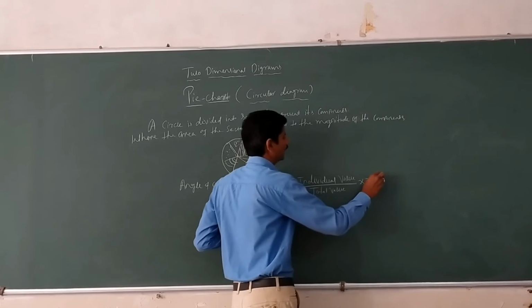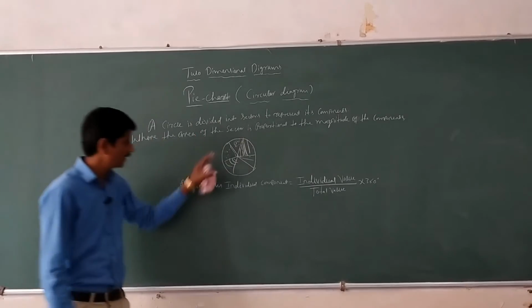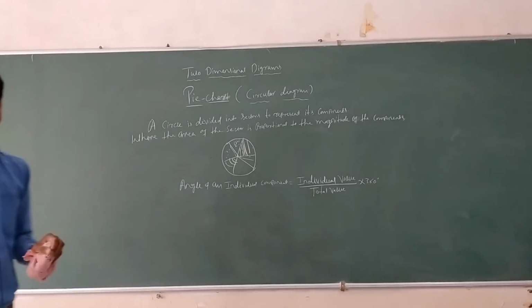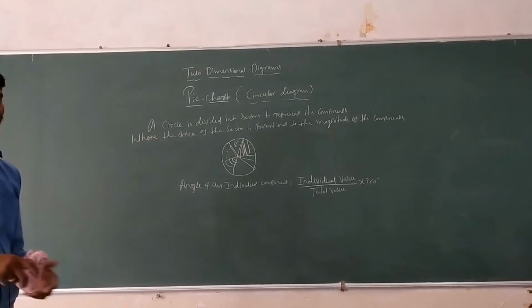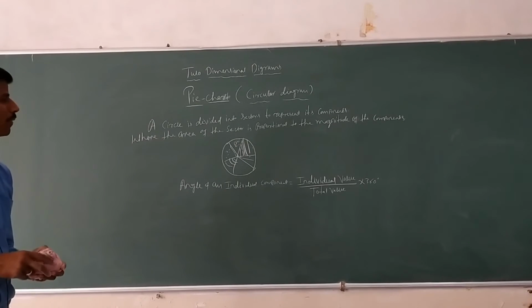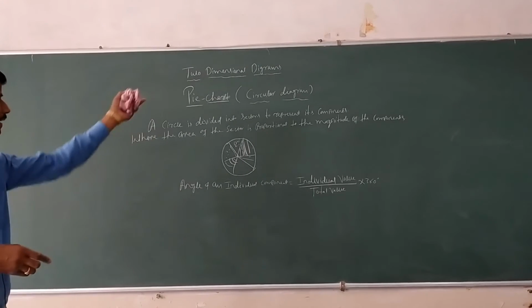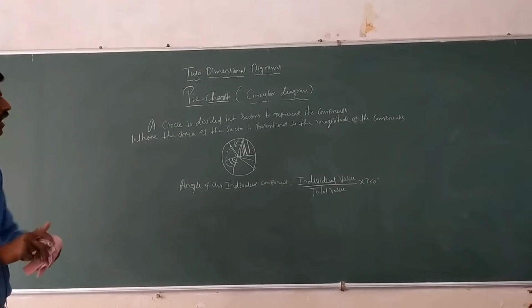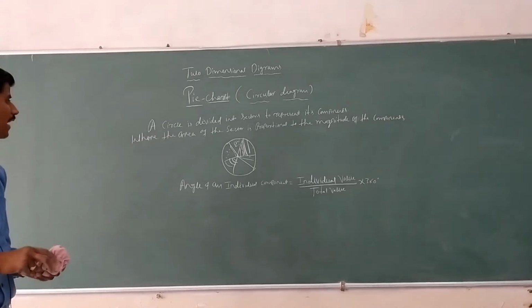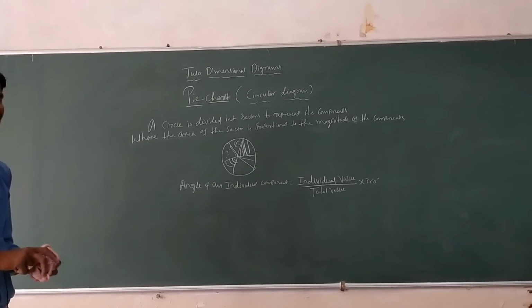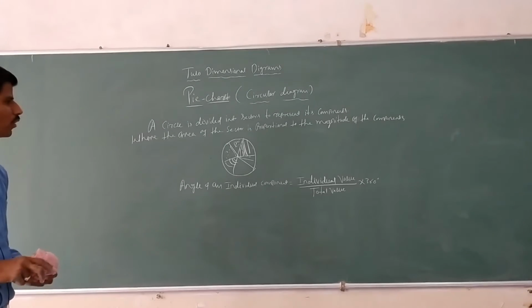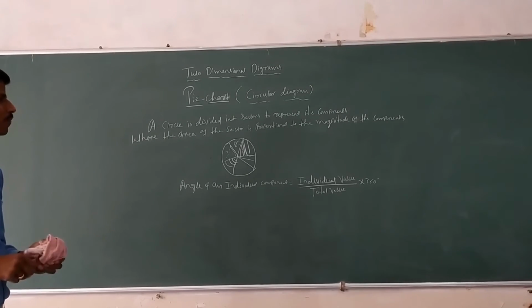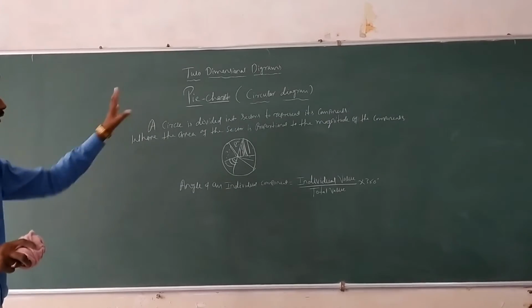Here the total circle is 360 degrees. In a percentage diagram I use 100: individual value divided by total value into 100. But for a pie chart I have to use 360 because a circle is 360 degrees. It is about the pie chart.